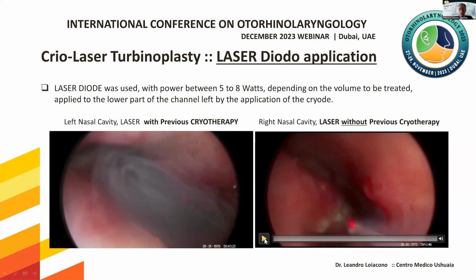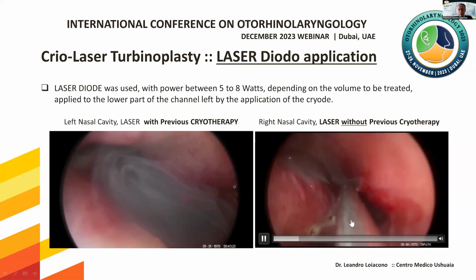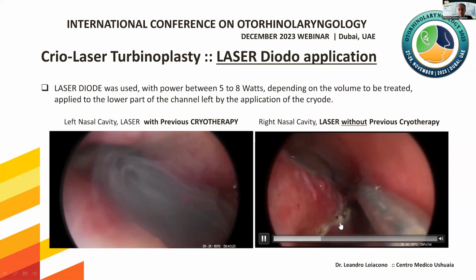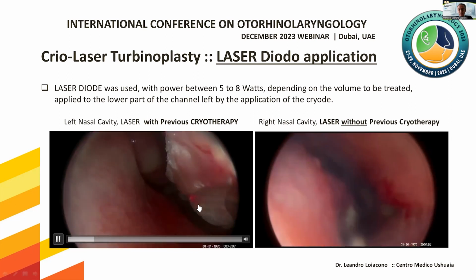And there, the right nasal cavity, laser without previous cryotherapy. It is more difficult. Cryotherapy, channel, and laser.